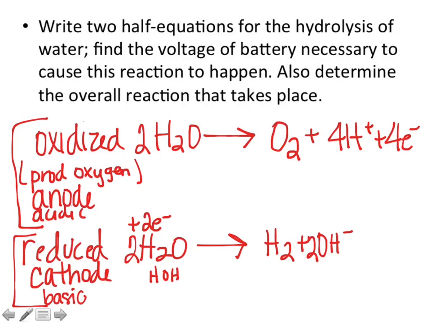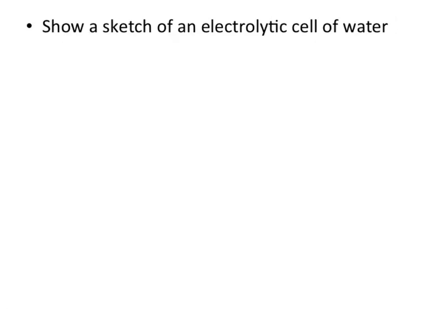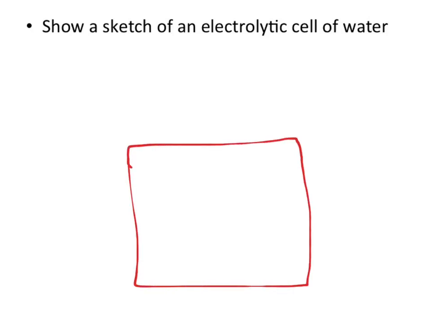Okay, any questions on that? We're going to use that continuously today. Okay, so let's sketch this. So what we're going to do is we have our cell, our electrolytic cell. It is one big thing.